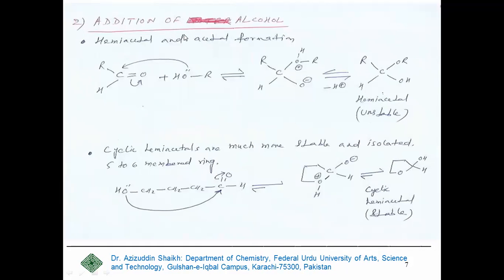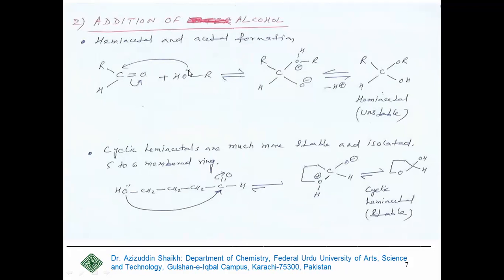The second reaction is addition of alcohol: hemiacetal and acetal formation. When the alcohol is added, the product obtained is called a hemiacetal or acetal. Alcohol can react with an aldehyde or ketone.